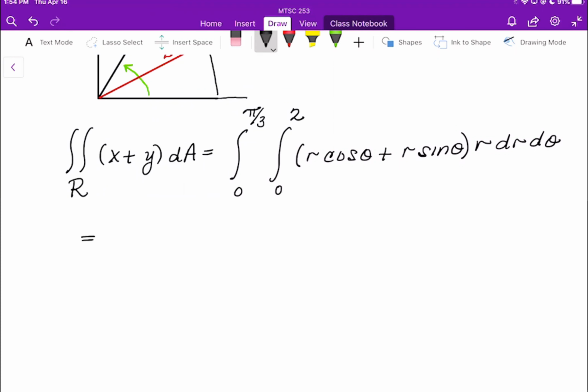So the r's in there factor out. So I end up with the integral from 0 to pi over 3. This is actually completely an iterated integral. So I can move the thetas and the r's if I want to, into separate integrals.